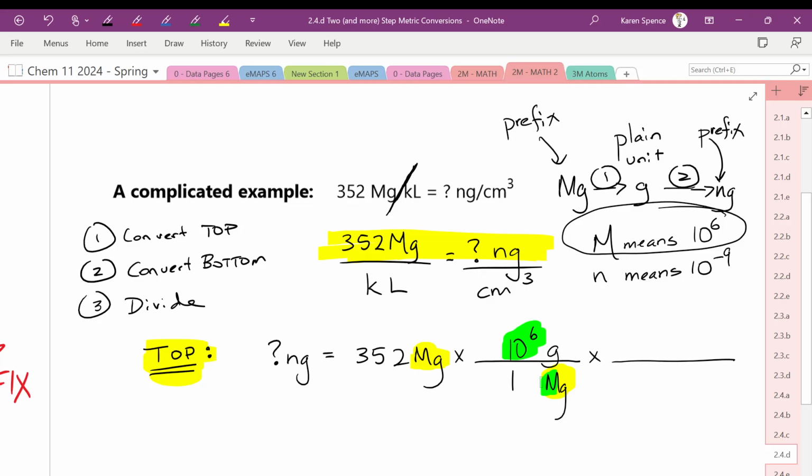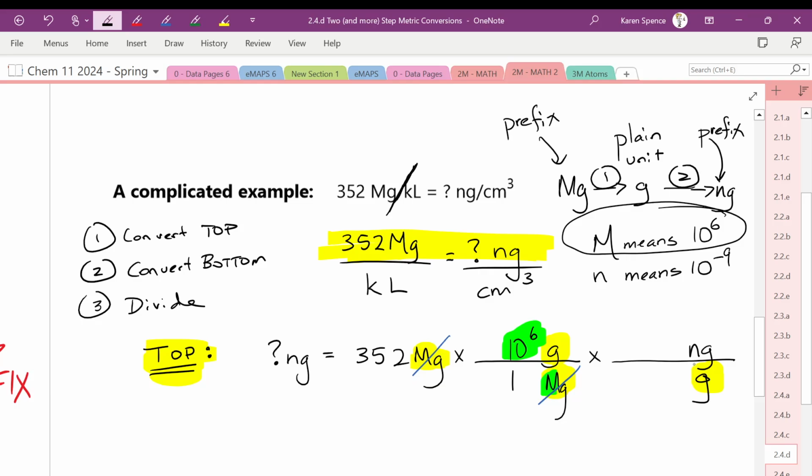So we've converted megagrams into grams. Now we need to go from grams to nanograms. Grams are on the top, so grams need to go on the bottom to cancel out. And that means I need nanograms on the top.